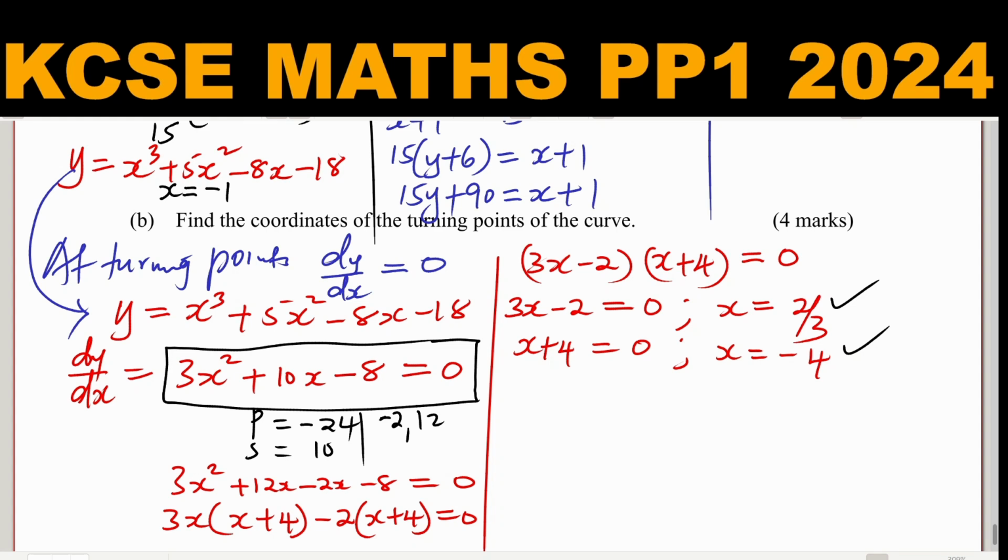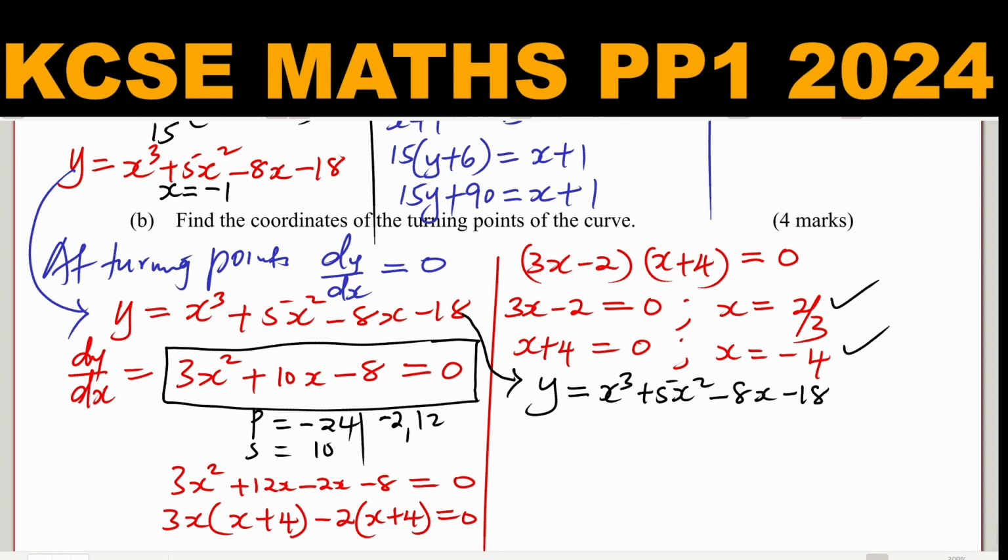Now we need to get the corresponding y coordinates, and how are we going to get that? By simply substituting these x coordinates into the function of the curve. The function of the curve is here. y is equal to x cubed plus 5x squared minus 8x minus 18.